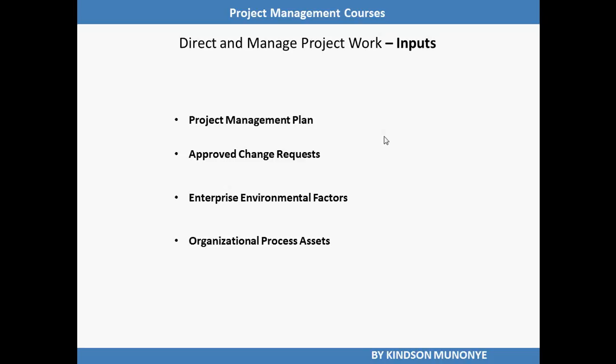These subsidiary plans related to the project work include the scope management plan, requirements management plan, the schedule management plan, cost management plan, stakeholder management plan, etc. All these plans, including the baselines, cost baseline, schedule baseline, and scope baseline, come together to form the project management plan. This is exactly what you need for you to direct and manage the project work.